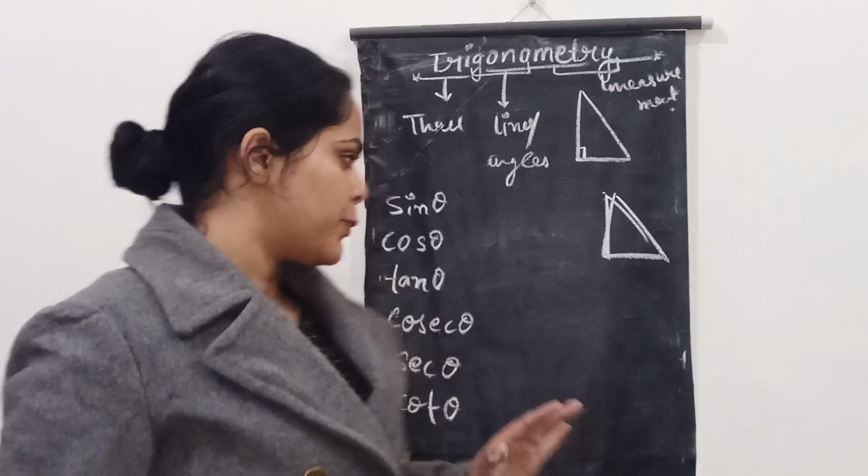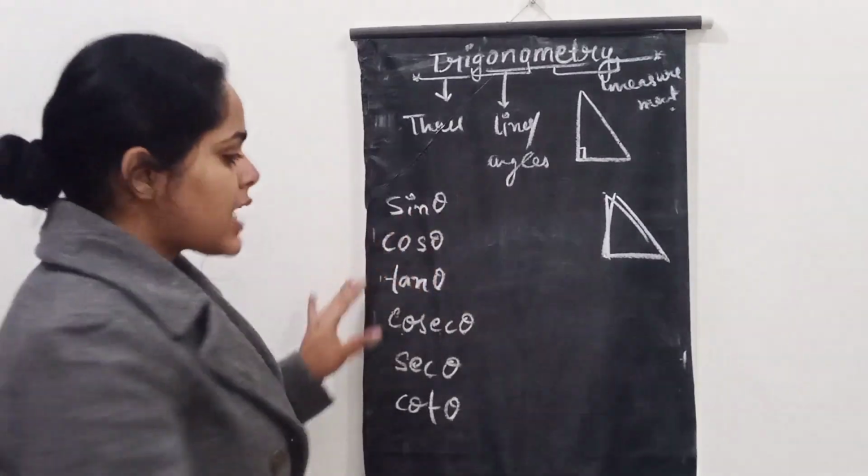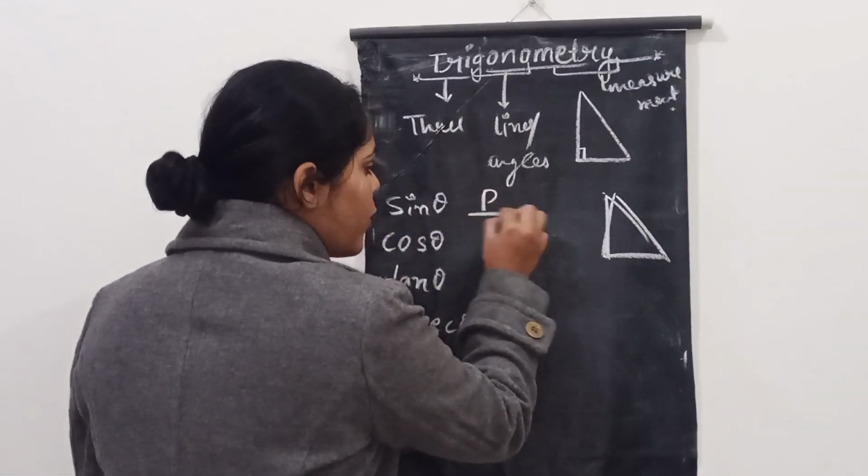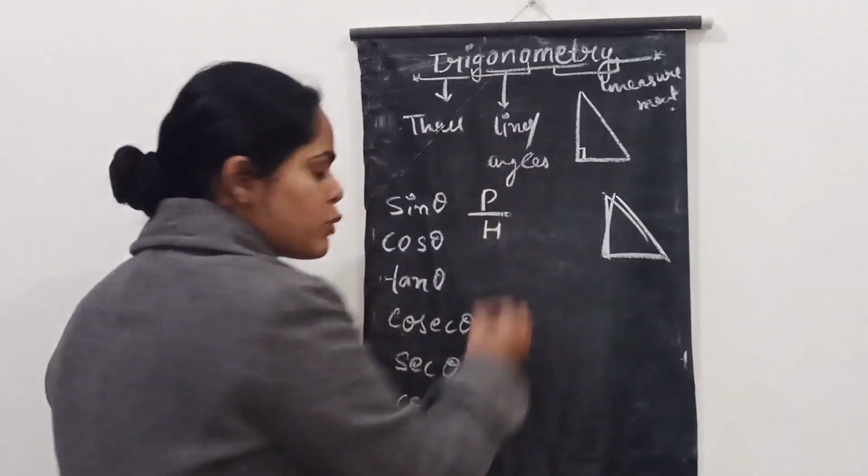Theta is the angle here, the angle we make by the joining of two sides. So the angle is theta here. What is sine? Sine is perpendicular upon hypotenuse.